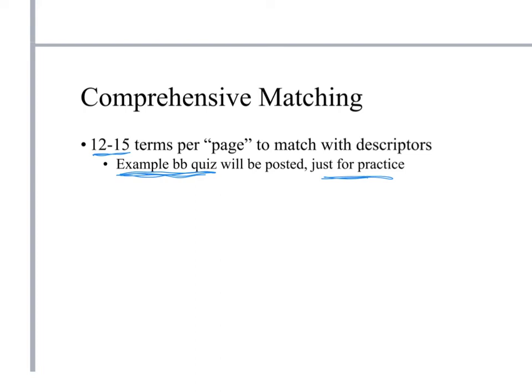It's a little bit different, the way I've worked out how to do this. It will have a term like, say, plasmid, and then it will have a little drop-down box with an arrow, and you hit that arrow and it'll show you like 12 or 13 different descriptors. So you pick that one.